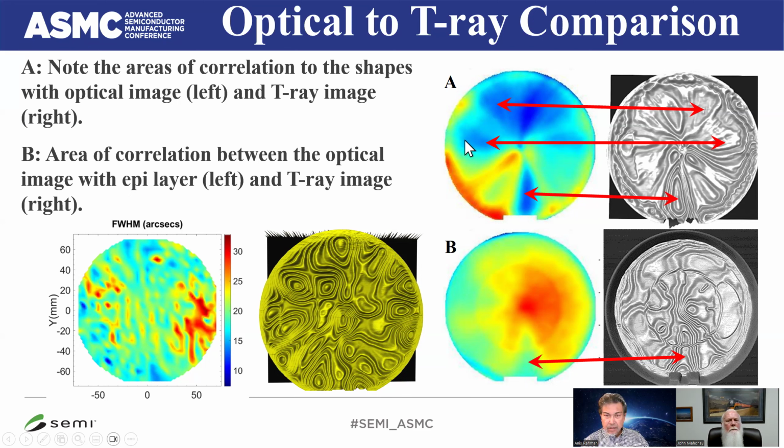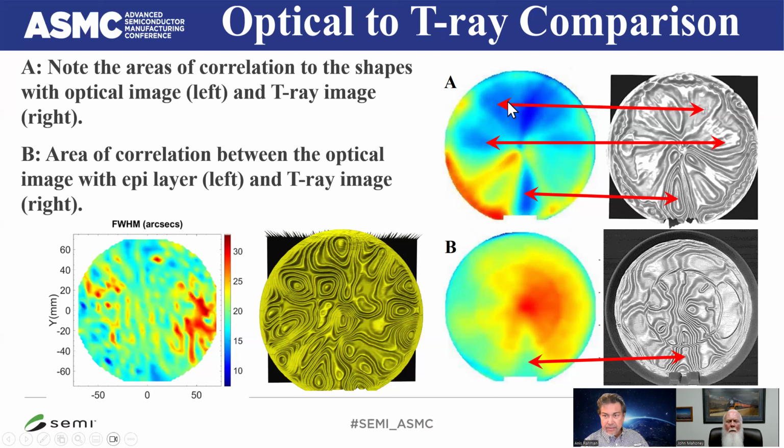So optics does not miss 100%. It does still see, as you see, this feature, the one in bluish here on the optical image, but much more detail is seen with the T-ray image. And this is still a low resolution image. So this part is this part, this part is this part.